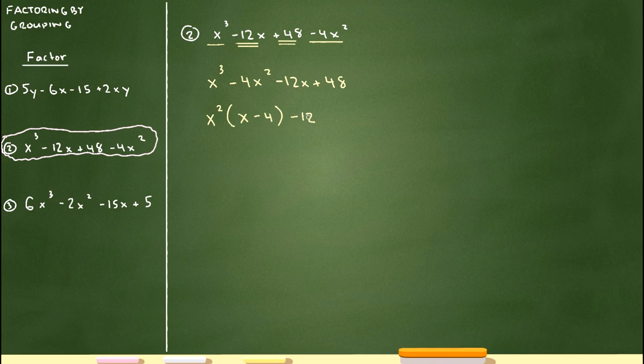And I see if you factor out a negative 12, what's going to be left here is if you factor negative 12 out of negative 12x, you're left with an x. And you factor negative 12 out of 48, you're left with a negative 4. And that's what we wanted, right? So now this is good.